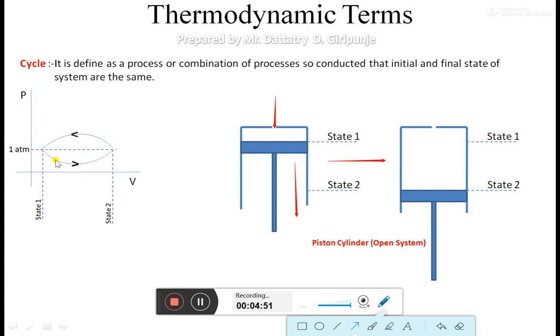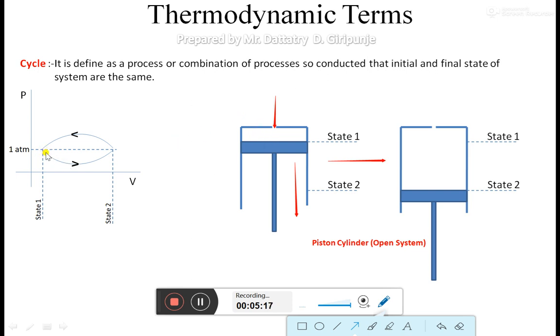By following this path, while transforming the system from state 1 to state 2, the pressure is always less than atmospheric, because during suction the pressure generated inside the system is obviously less than the atmosphere.